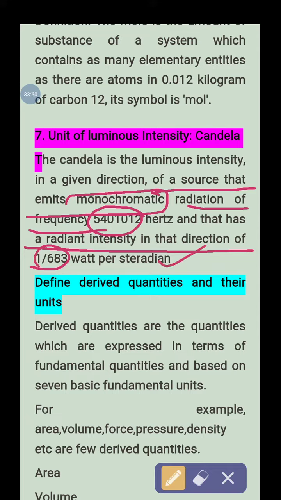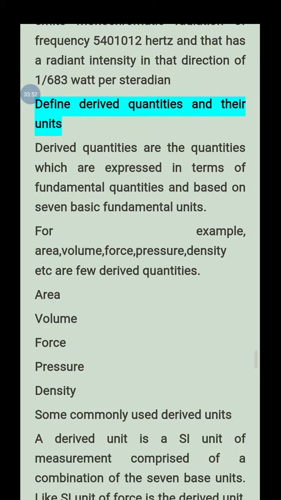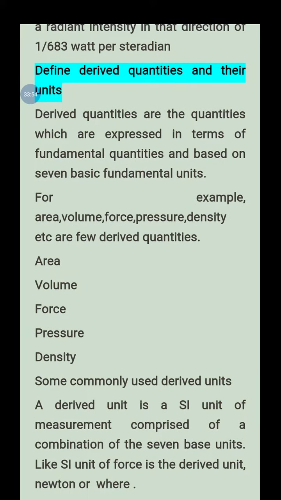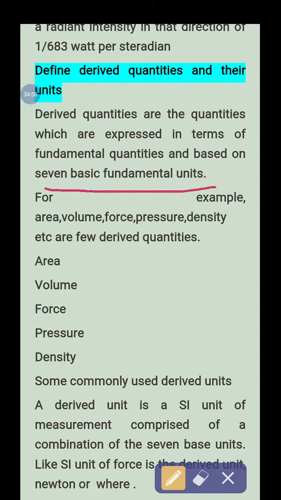Okay. Now, what are the derived quantities and their units? Derived quantities are the quantities which are expressed in terms of fundamental quantities, as we have already studied, based on the 7 basic fundamental quantities.